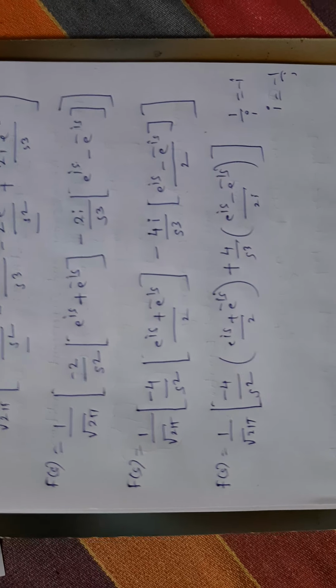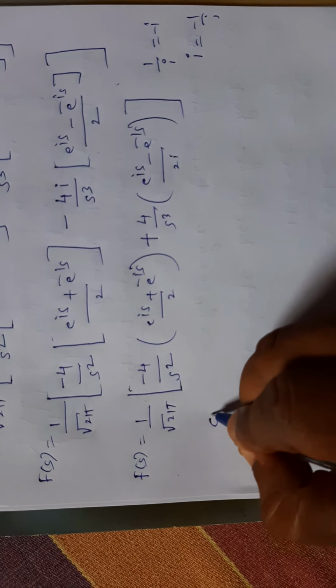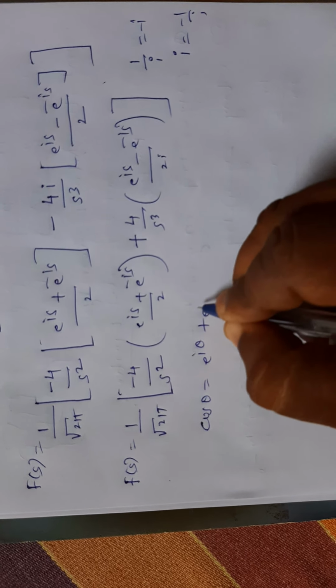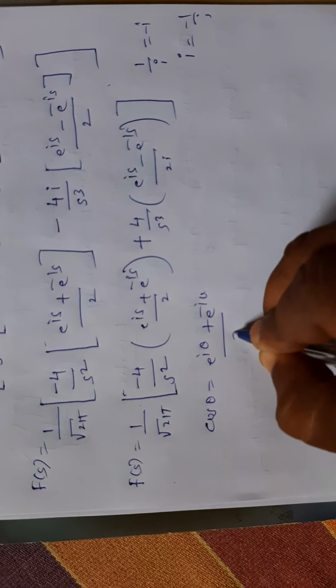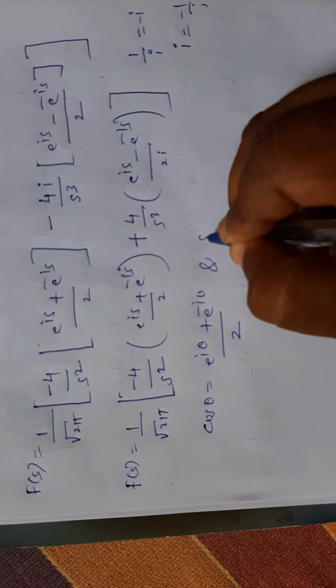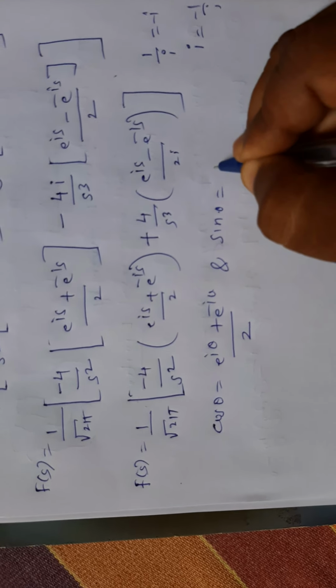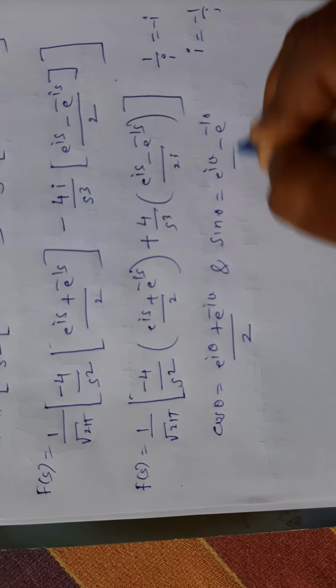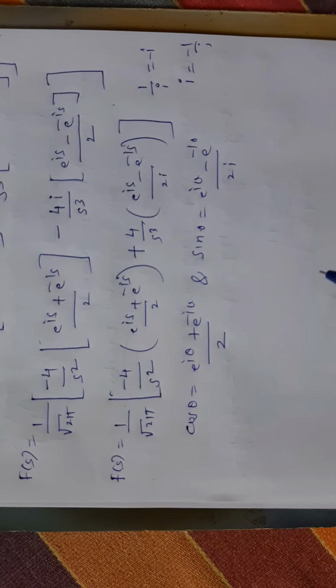We know that cos theta is e raised to i theta plus e raised to minus i theta upon 2, and sin theta is e raised to i theta minus e raised to minus i theta upon 2 into i.